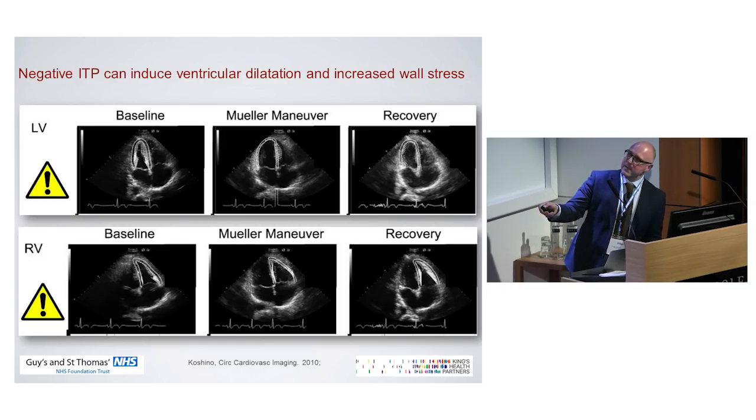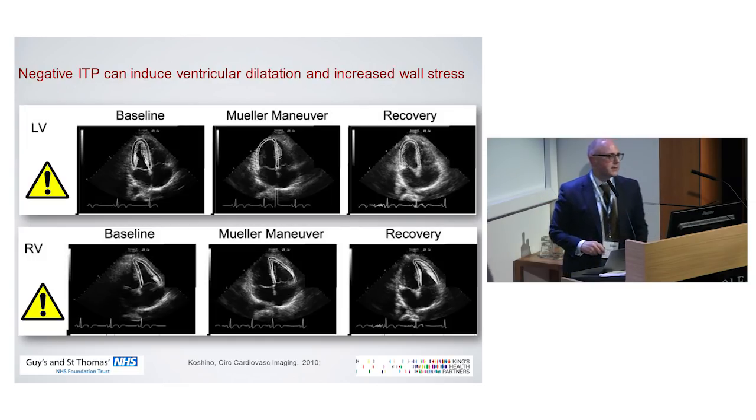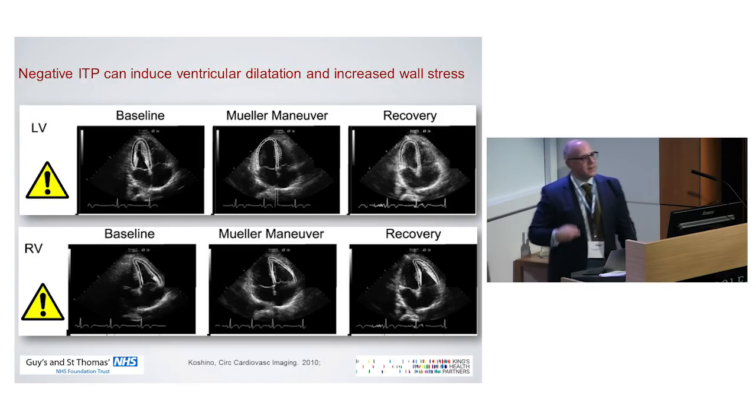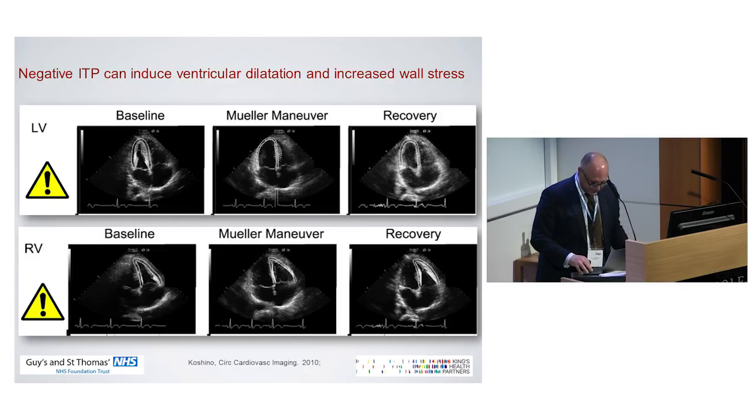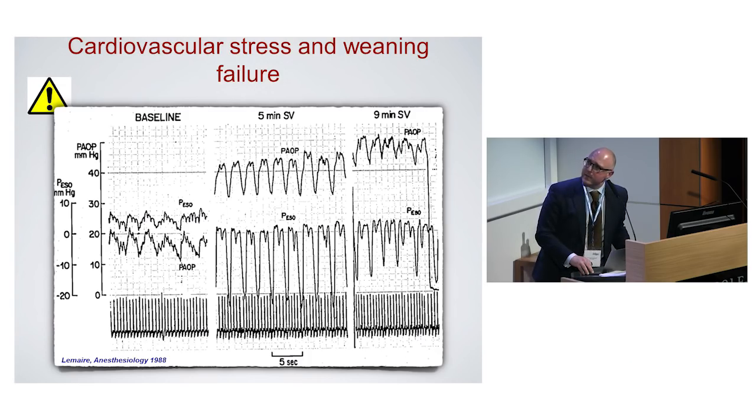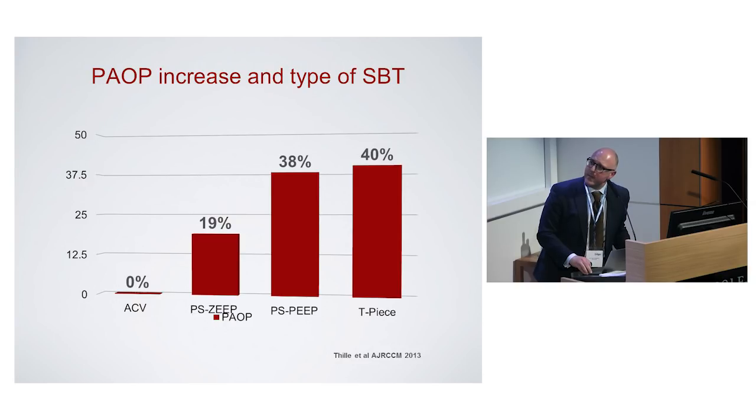And what you can see is that during the inspiration, the Mueller maneuver, the LV and the RV dilate. If they dilate and the patient has got positive fluid balance or the LV function is suboptimal, they'll go into heart failure. And you can see that again from the PAOP.